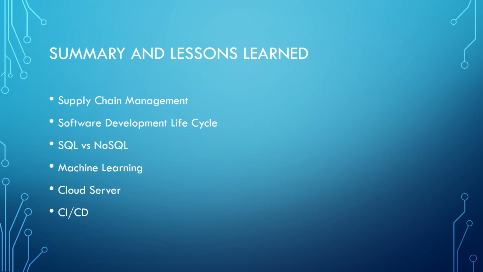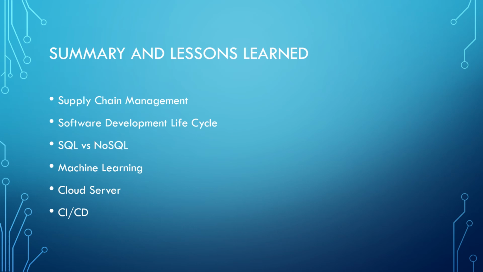In this lesson, I gained a deep understanding of supply chain, including how it works and what it is used for. Besides that, I also learned the software development life cycle, including planning, analysis, design, development, testing, deployment, and maintenance. In addition, I learned about system design, including the selection between SQL and NoSQL databases, understanding their respective use cases and features, and sharding and the consistent hashing algorithm of databases.